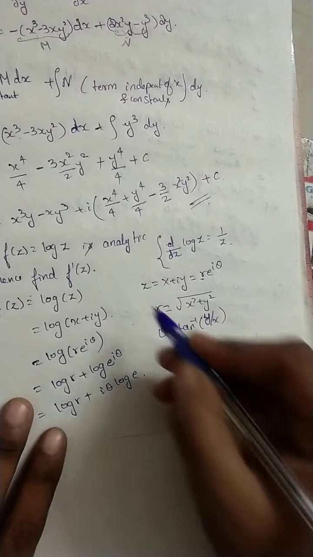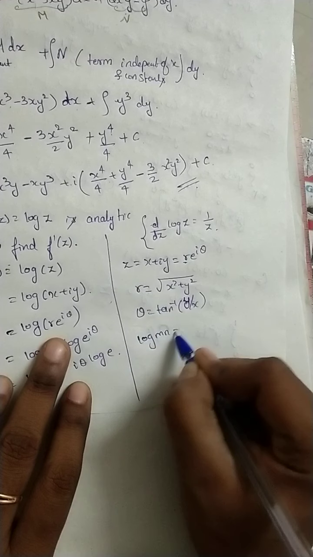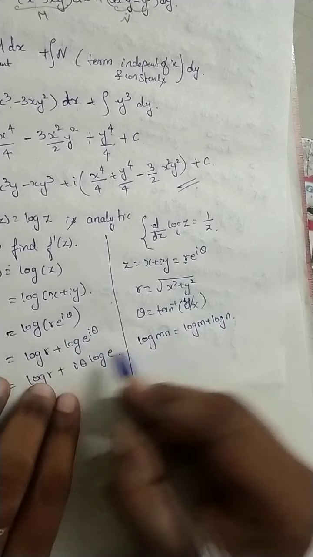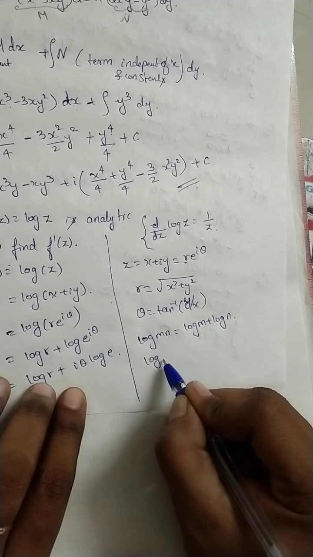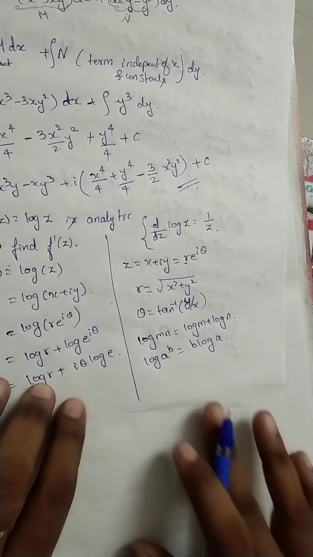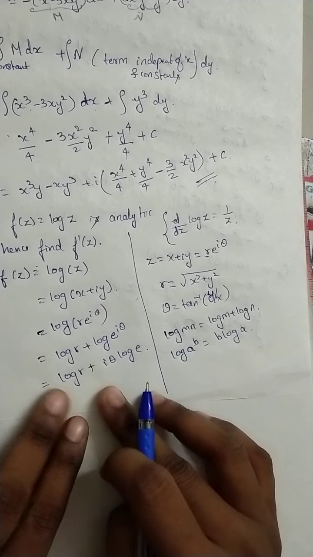Okay. So what are the formulas that I have used here? So log mn is equals to log m plus log n, and this formula is log a power b is equals to b log a. Okay, these two log formulas I have used here.